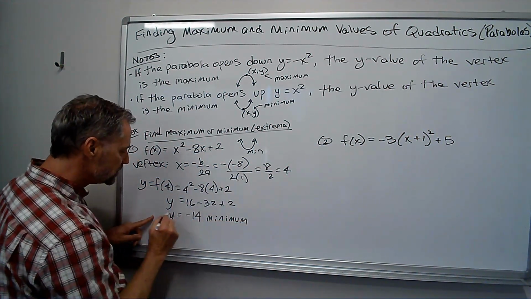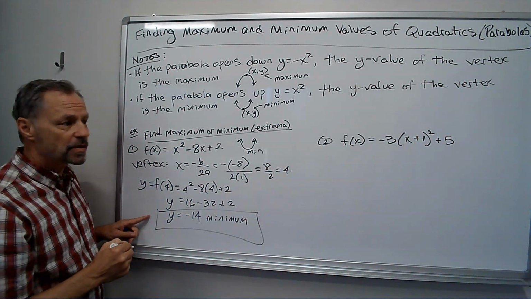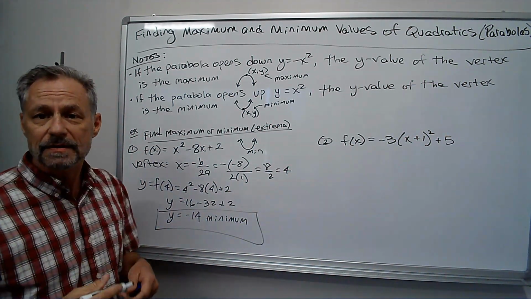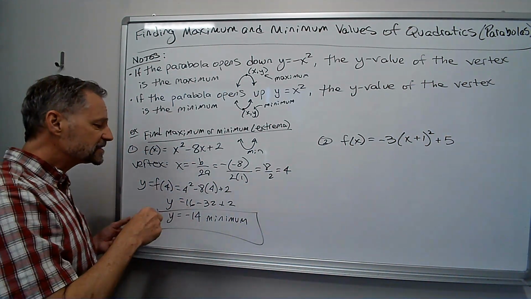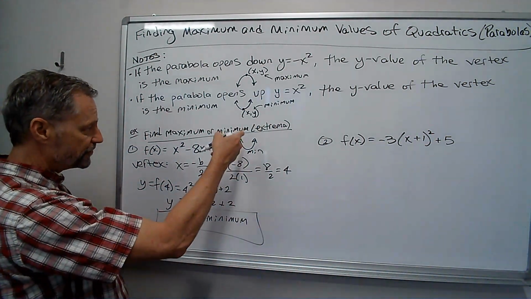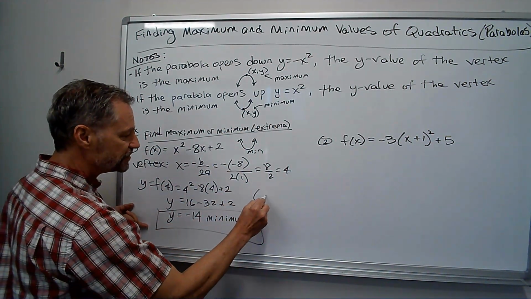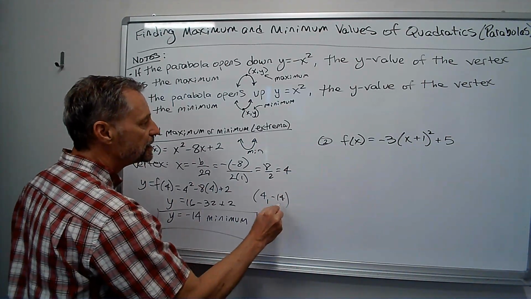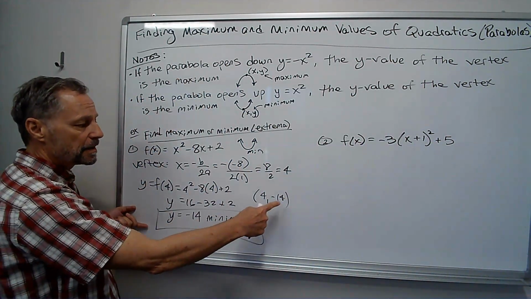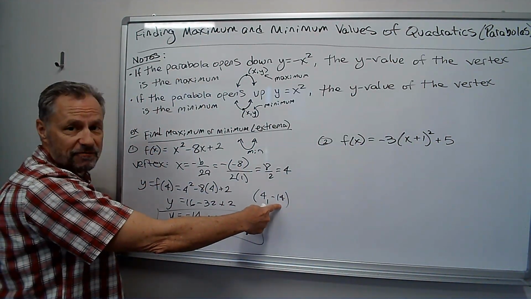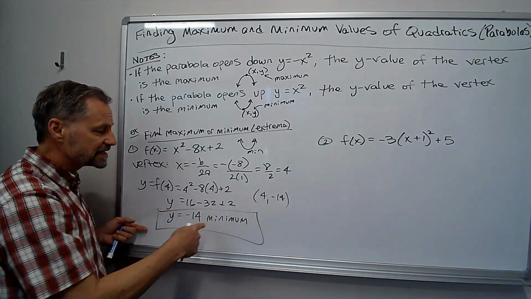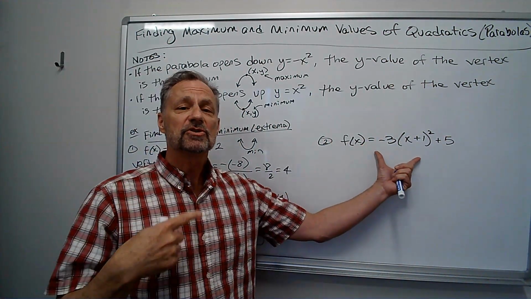That's the lowest point we get to on the graph. All right, so that's the idea. Let's look the other way. So the vertex was 4, negative 14. Since it opened up, the lowest value was negative 14 for the y value, the function value. So that's my minimum.